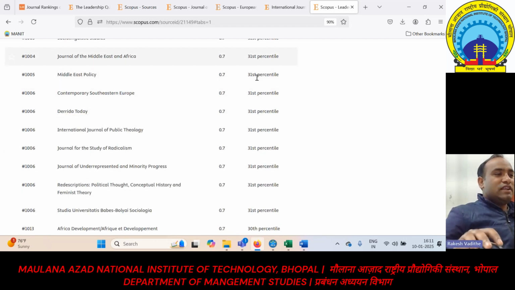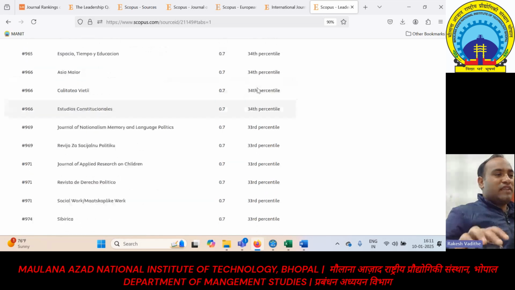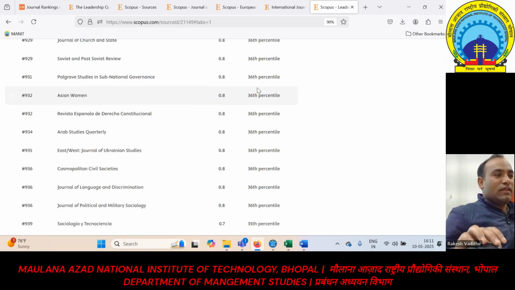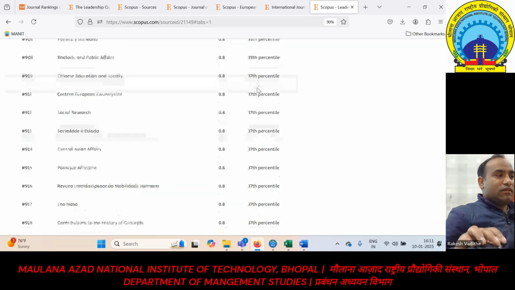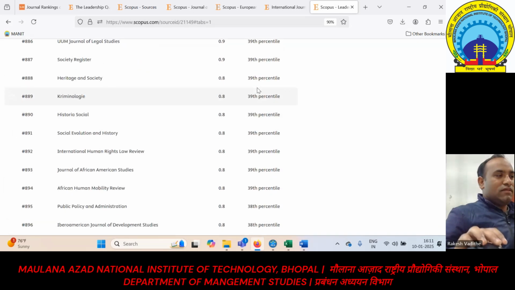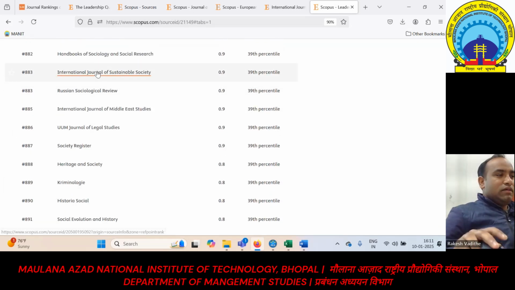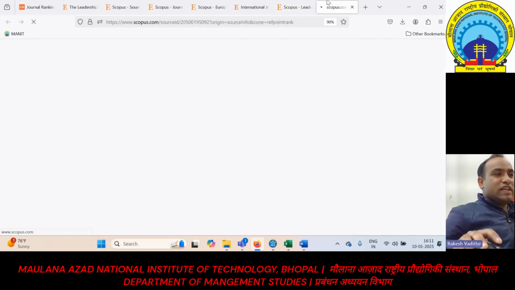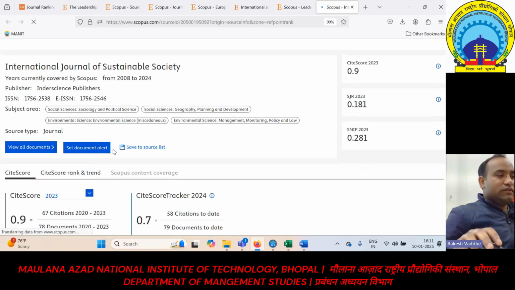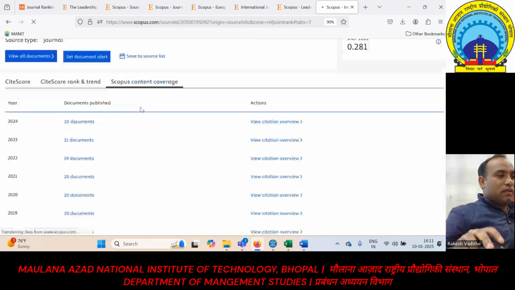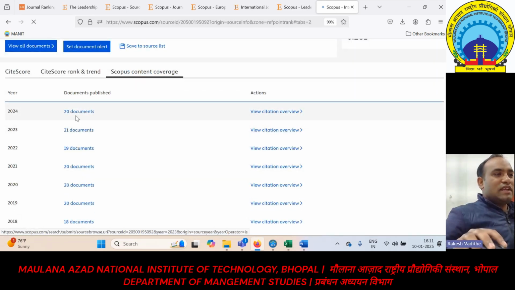Out of these journals, you will see the ranking of each and every journal. We have to check how many papers they are publishing. You see, in these journals, it is not able to get papers.